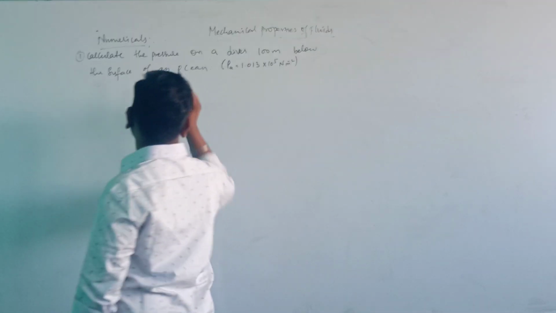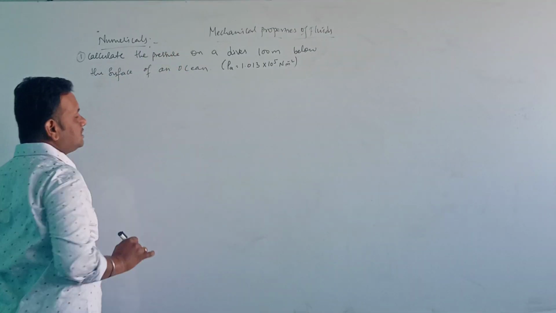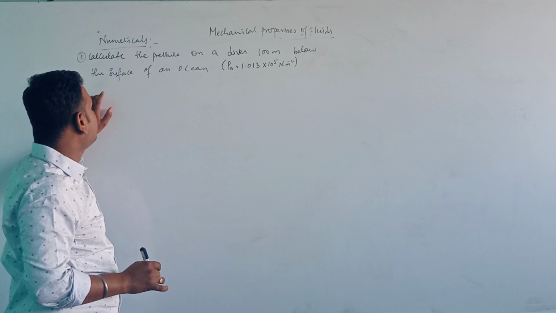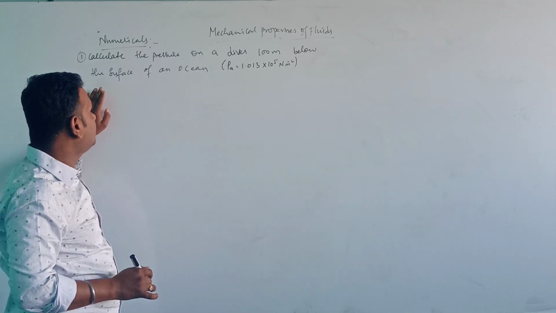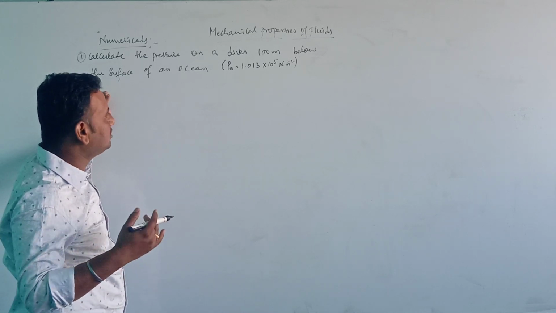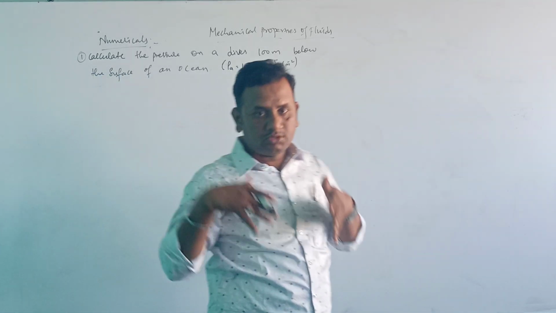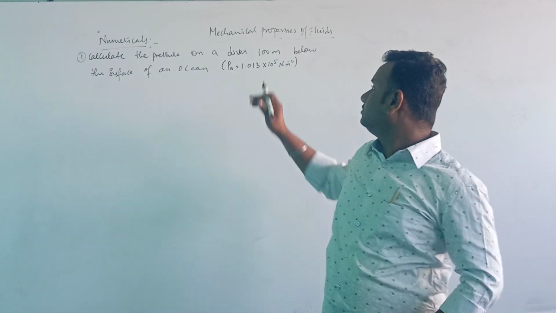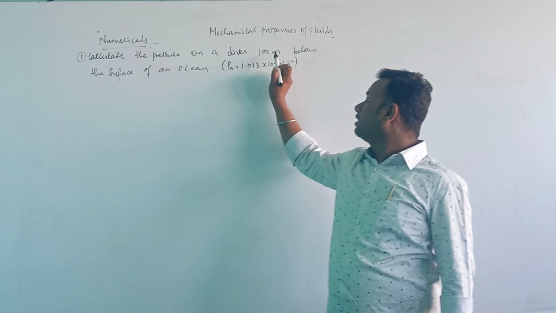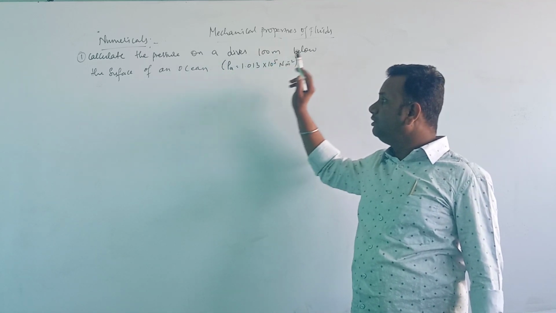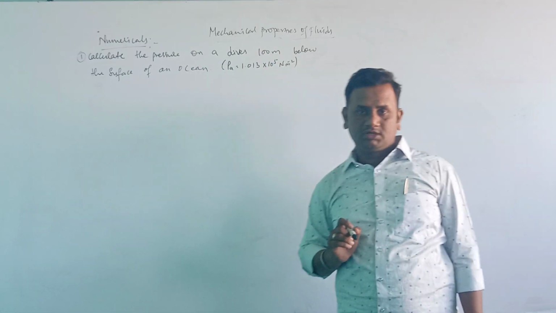Now let us solve the numerical, a very simple numerical. The question is that calculate the pressure on a diver who dives in water. Okay, so diver 100 meter below the surface of an ocean.